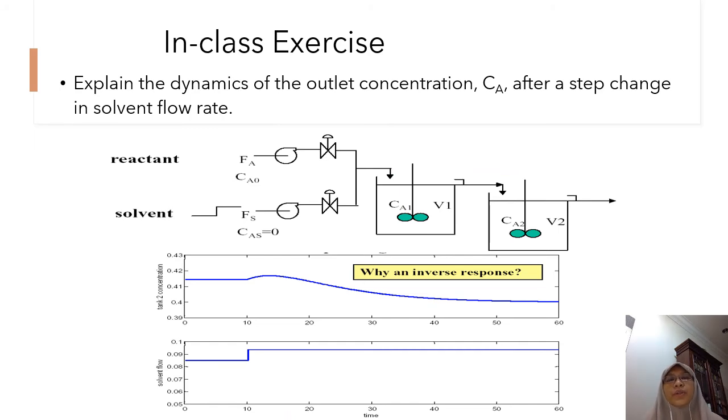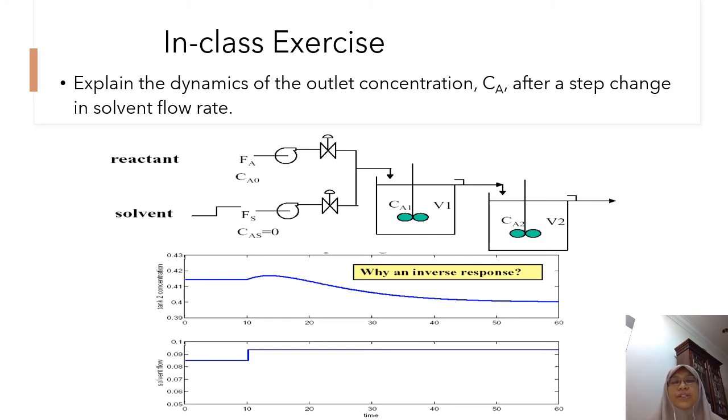Now, I want to give you an exercise and see if you can explain why there is an inverse response in the system. This is a series of reactors, where we have the reactant Ca coming in. Ca is the concentration of reactant A, and we have a solvent.